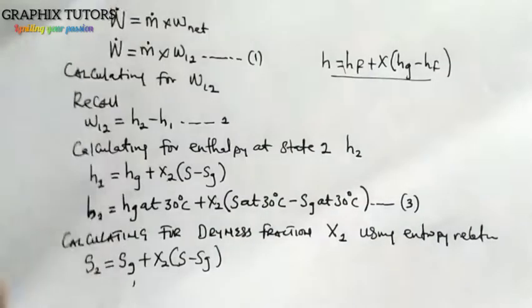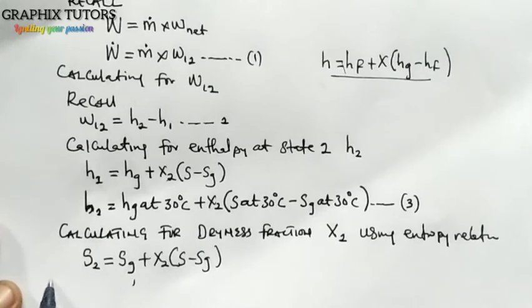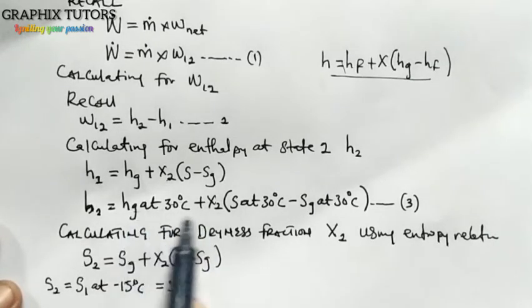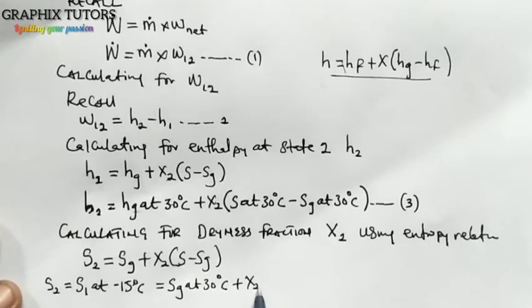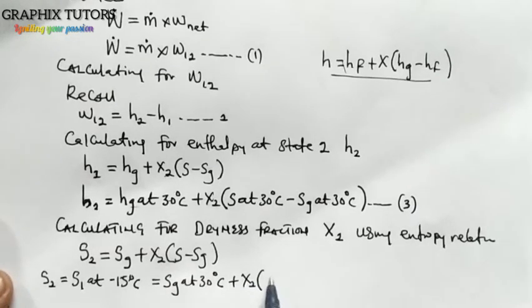So I'm going to put that S2 is equal to S1 at minus 15 degrees Celsius, equals Sg, it will not be this temperature we're using now, at 30 degrees Celsius plus S2 into brackets S at 30 degrees Celsius minus Sg at 30 degrees Celsius.